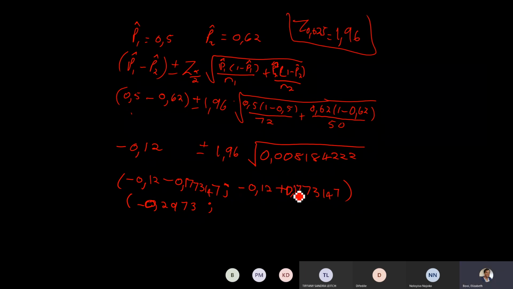I wrote this number on this side wrong. And that is our LCL, and this side is our UCL, upper area. Any question?